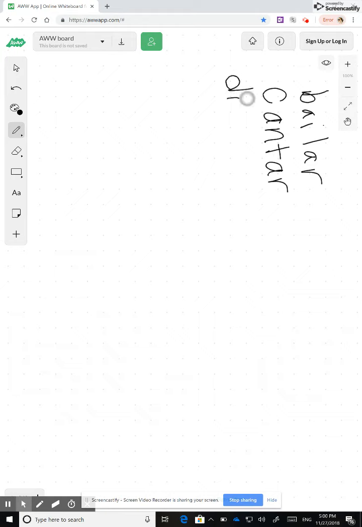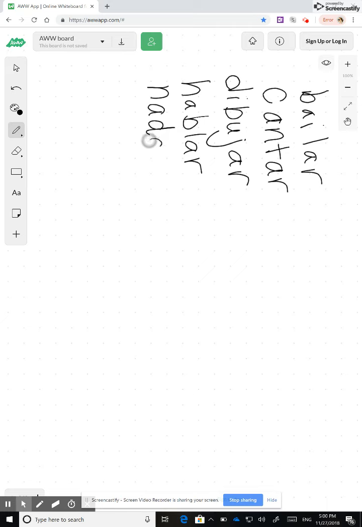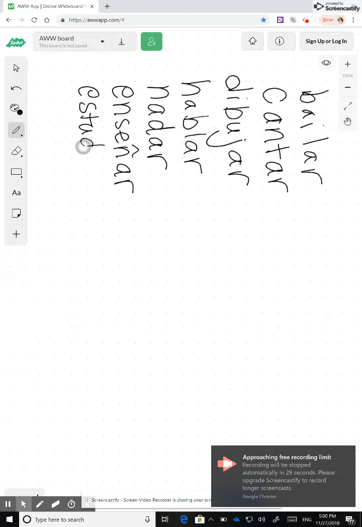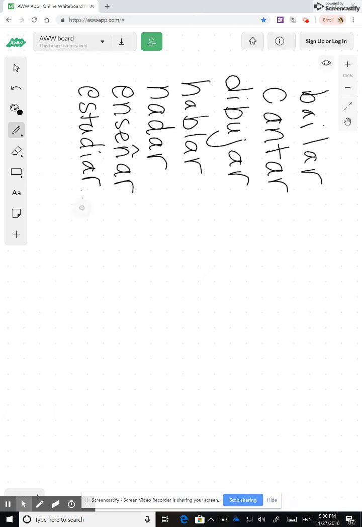Dibujar. So you can practice with any of these. Hablar, nadar, enseñar, estudiar, and the list goes on. So there are many AR verbs that you can use.